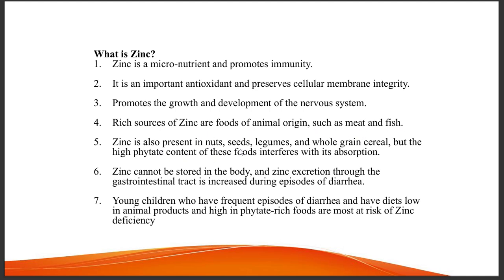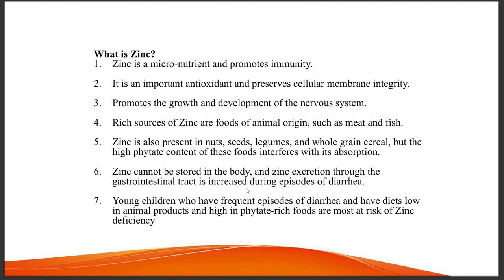Zinc is also present in nuts, seeds, legumes, and whole grain cereals, but these also have other contents. Though you have a high phytate content in these foods, they can interfere with absorption. But generally, that's where you can find the zinc, like in the cereals.